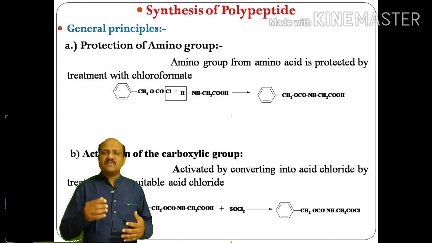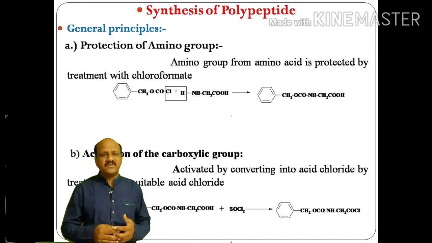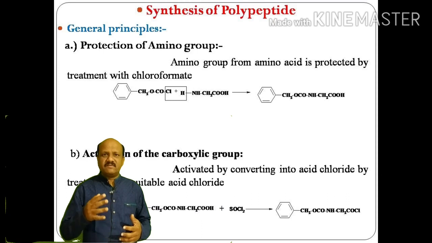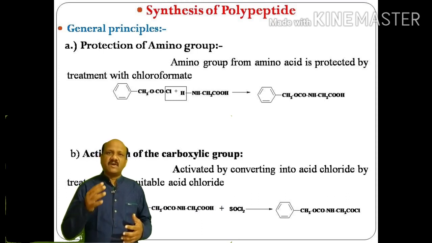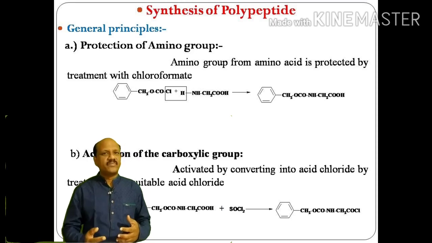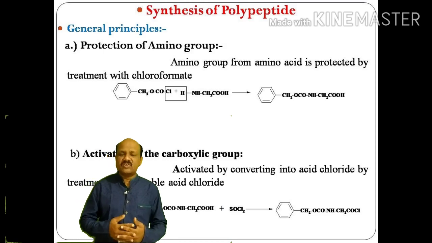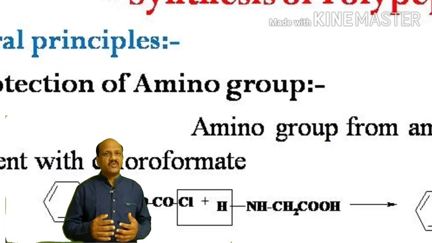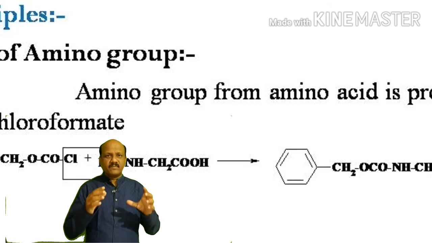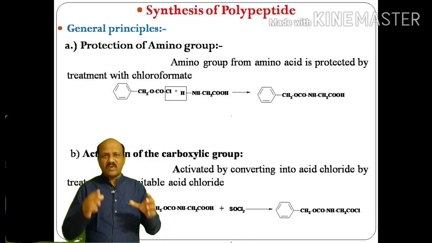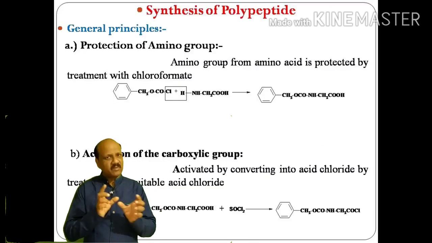Some important principles govern all the methods applied for the synthesis of a polypeptide chain. Number 1 is protection of the amino group. The amino acid contains an amino group and a carboxylic group.